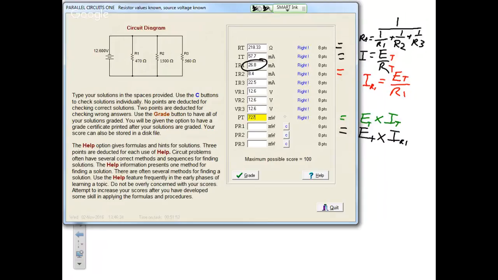We would repeat this with each one of these to give us our answer. So 12.6 times 0.0268, because we have to move the decimal point, gives us 337 milliwatts.